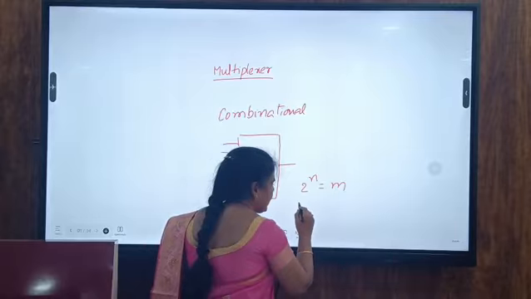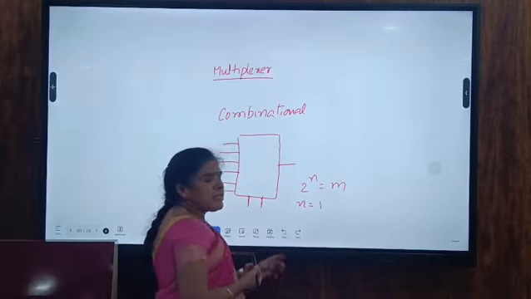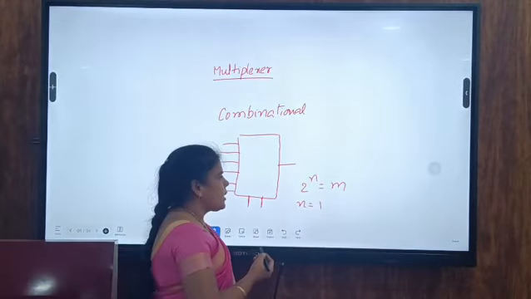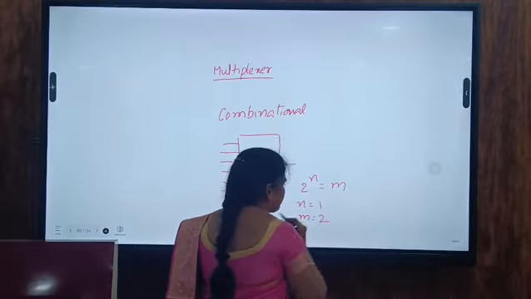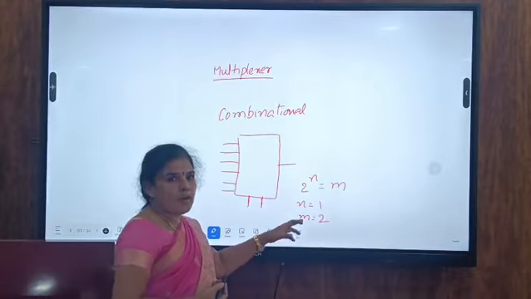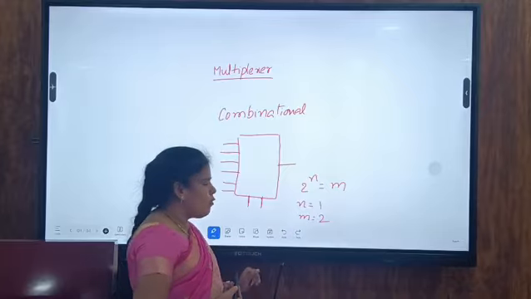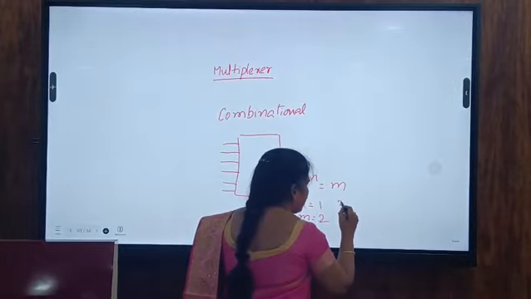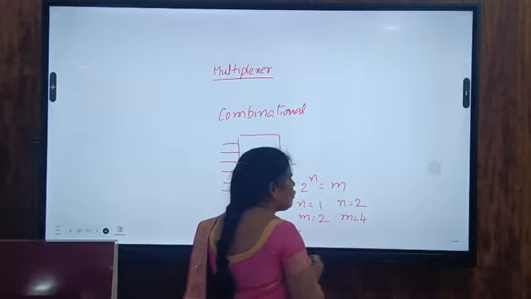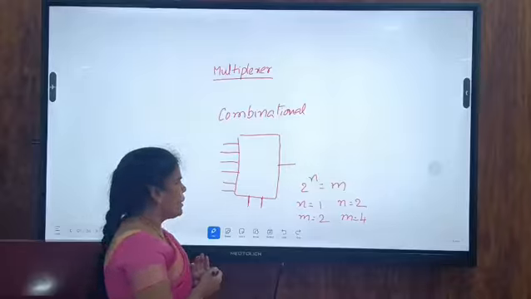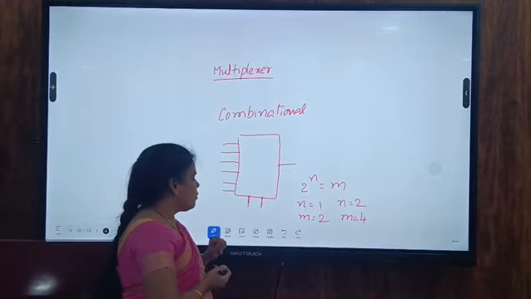If n is equal to 1, then m is equal to 2. If the selection line is 1, then the number of inputs is 2. And if n is equal to 2, then the number of inputs is 4. Like that we can design any multiplexer. So this is about the introduction.